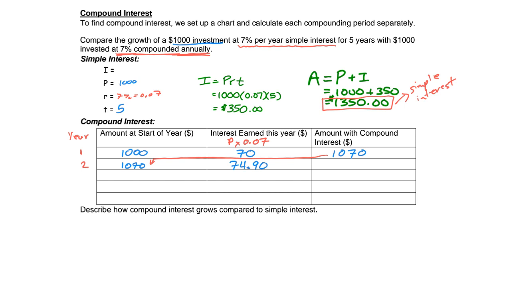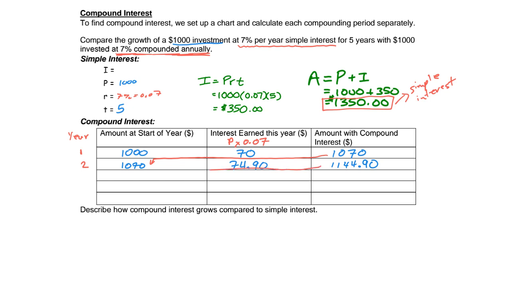Now, let's punch that into our calculator by adding up the money that we started with at the beginning of the year and the interest earned. So now you end up with a total of $1,144.90.